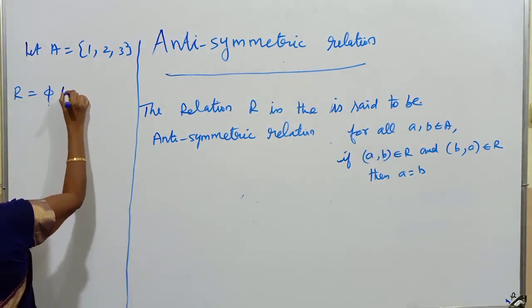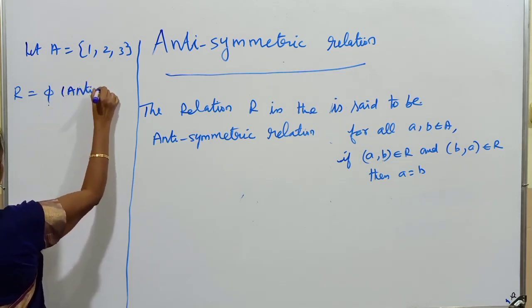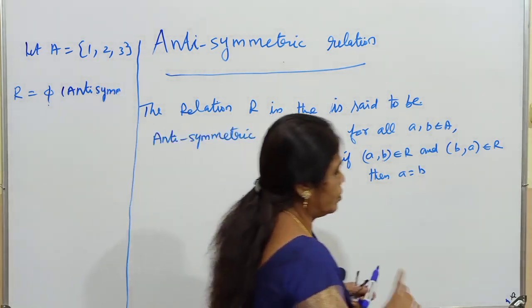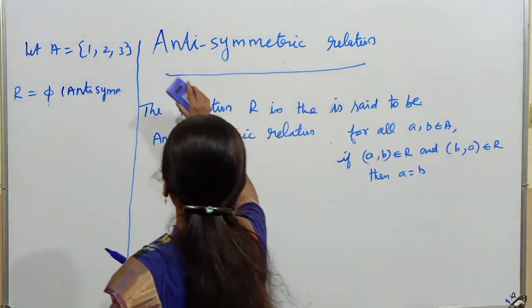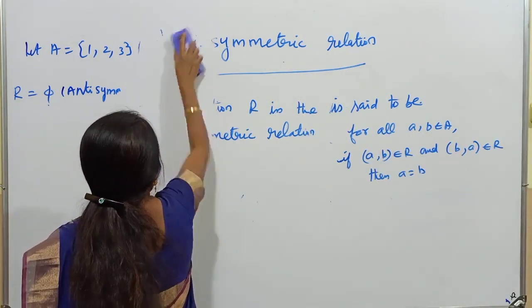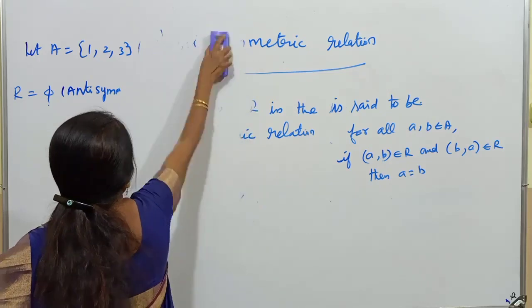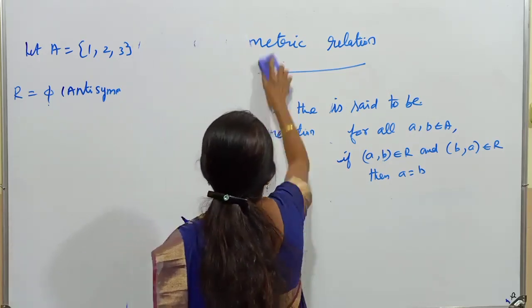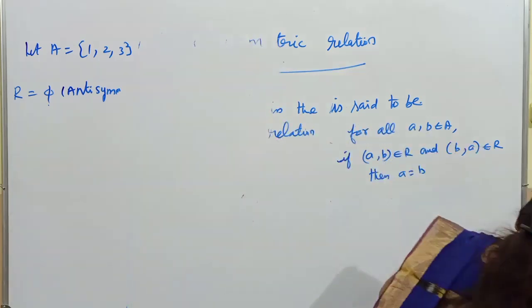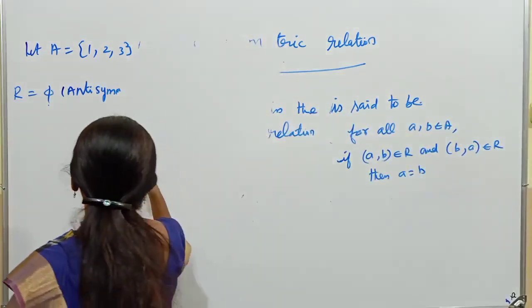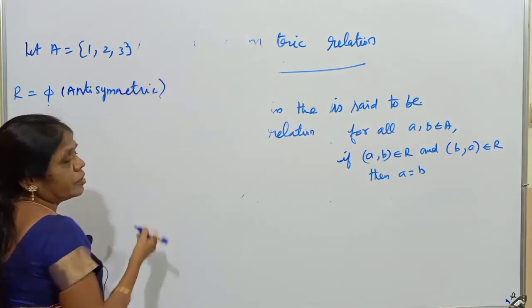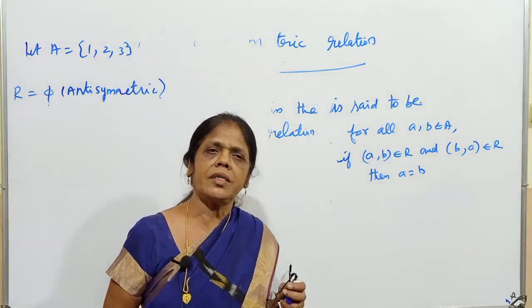So it is antisymmetric. You know the reason, that (a, b) is not present in this.